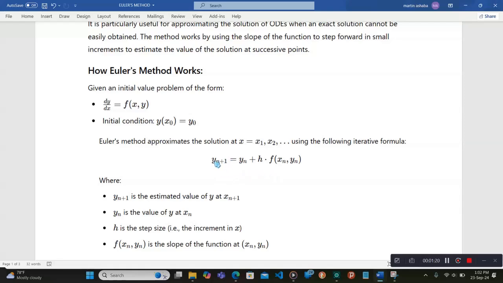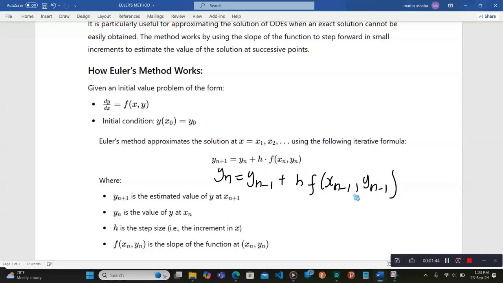So y n plus 1 will always equal y n plus h times f of x n, y n. Or if we are talking about y n, it is always going to be y n minus 1 plus h f of x n minus 1 and y n minus 1.